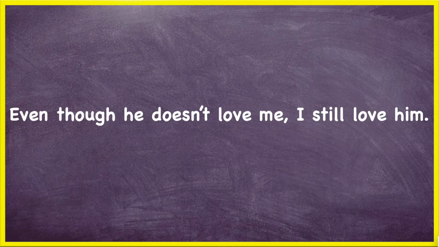Even though he doesn't love me, I still love him. All right? So here, the surprise is that I still love him, right? Even though he doesn't love me. So you could change the sentence actually to say, I still love him even though he doesn't love me. So it's a surprise that these two go together under the condition that he doesn't love me, right?